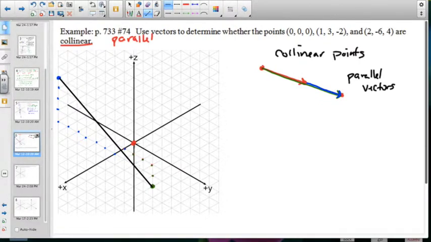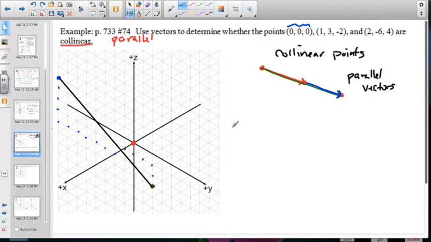That last point, that red point, certainly doesn't look like it lies on the line. So we're kind of giving you the impression that these probably aren't collinear. So let's take a look at some vectors. And it's easiest to make a vector from this point, since this point's 0, 0, 0. That seems the easy thing to do.